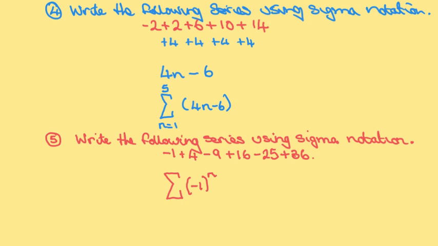There are 6 terms from n equals 1 to n equals 6. And if you look at the numbers, they are the square numbers. So it's n squared. So this series is sum up from n equals 1 to n equals 6, n squared, but we want an alternating negative and positive, so it is -1 to the power of n.